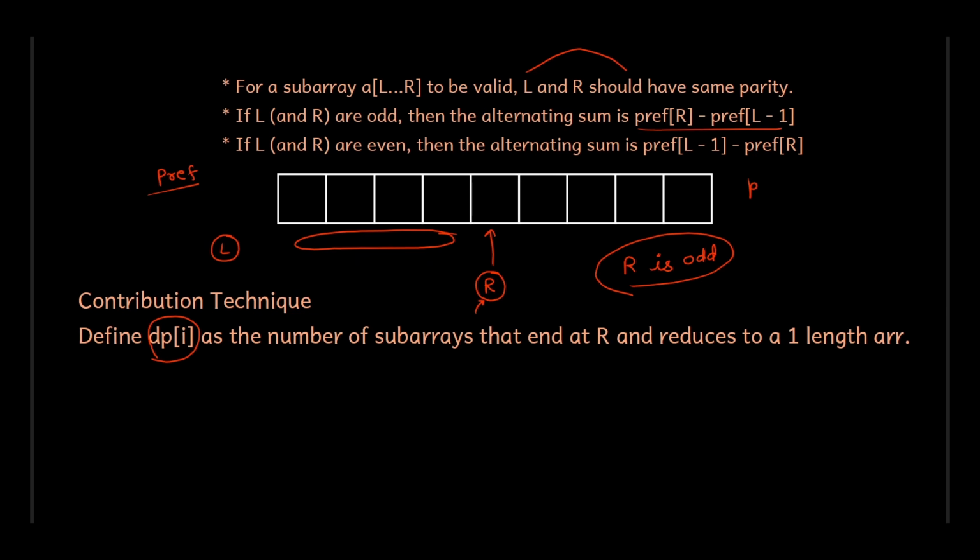This means that prefix of r should be greater than prefix of l minus 1. This means that you are looking for how many elements there are on the left hand side that are strictly less than prefix of r.